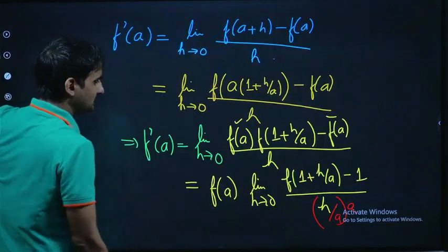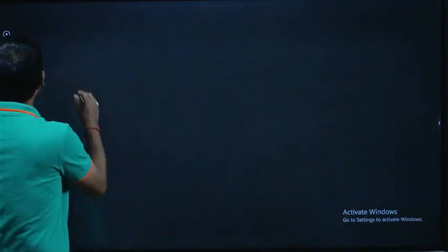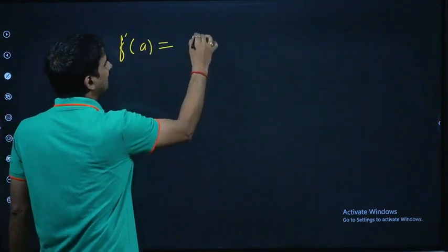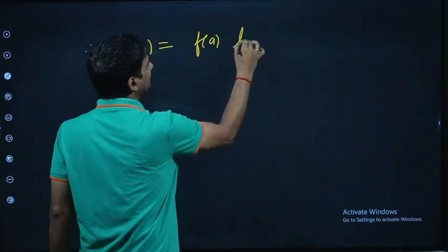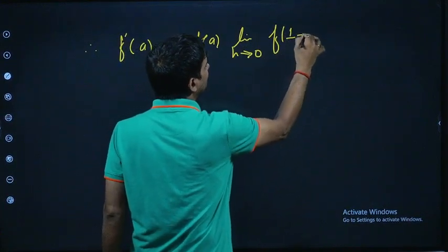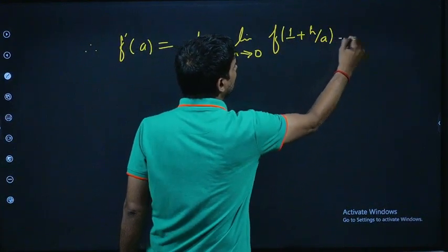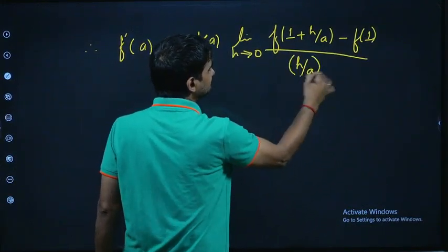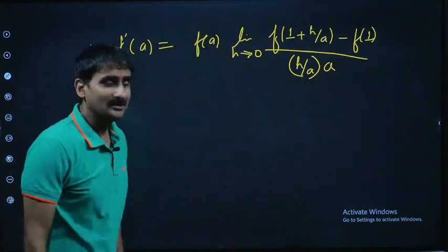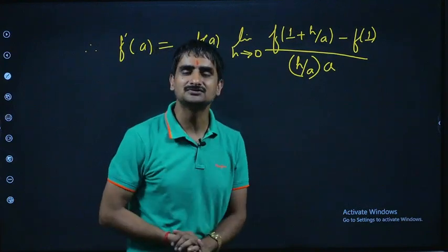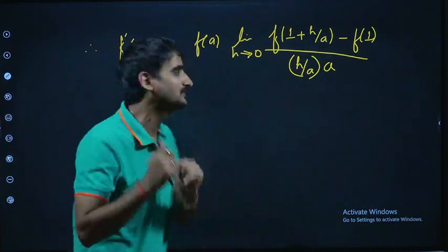So hence we got it. Now put it there. Therefore we can write f dash a is f of a times the limit as h tends to 0 of f of 1 plus h by a minus f of 1, over h by a into a. Now h by a can be our new variable, since as h tends to 0, h by a also tends to 0.